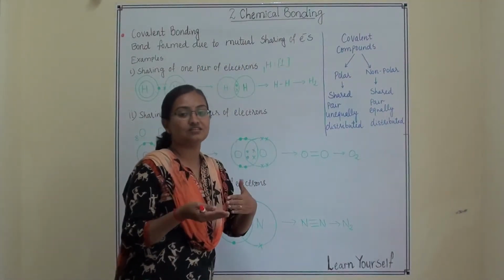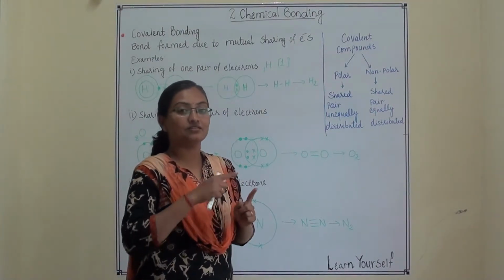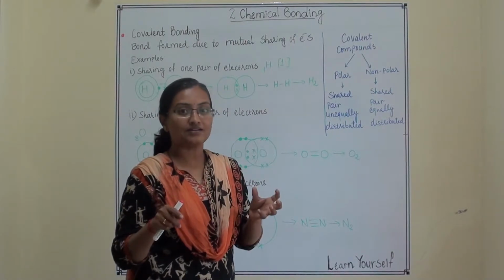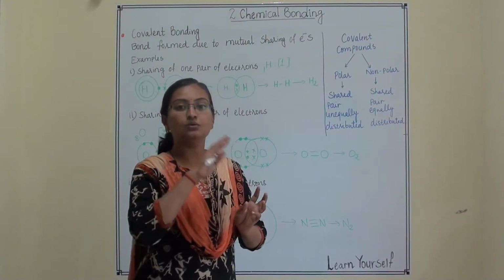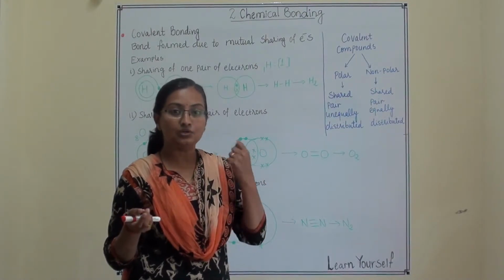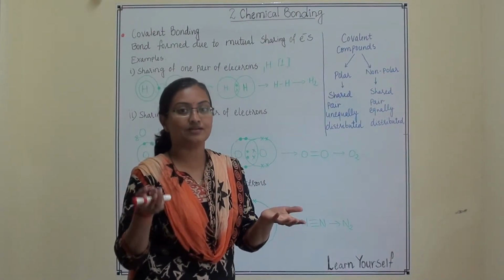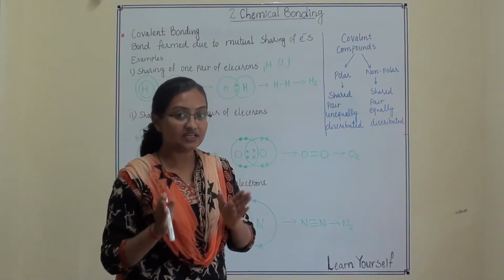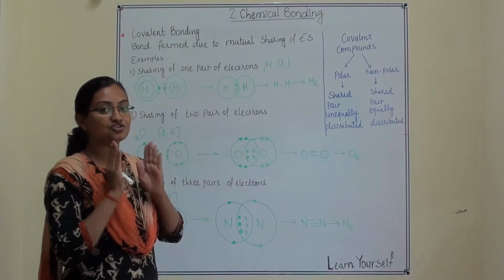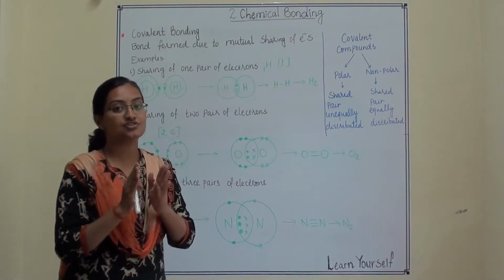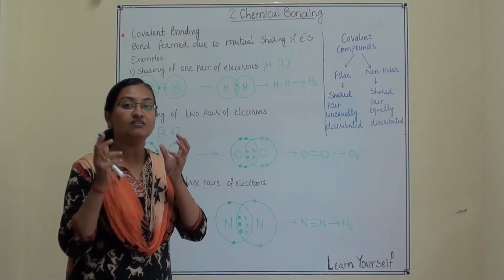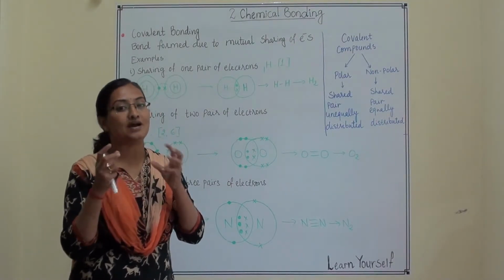Earlier we have seen electrovalent bonding where the transfer of electrons takes place. A metallic atom will lose electrons, and a non-metallic atom will gain electrons. Here there won't be a transfer of electrons. Here it will be a mutual sharing, and the electrons will remain in between the two atoms.